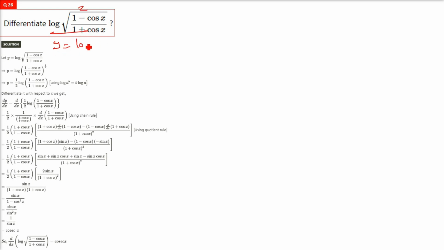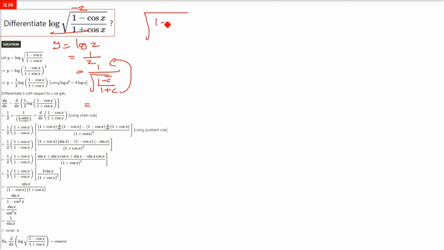So or then those who want to learn or understand, let us see y equals to log z. Log z, this whole root is the log z. So it will be 1 by under root of 1 minus cos theta by 1 plus cos theta. So 1 plus cos theta under root will go up, and under root of 1 minus cos theta will be in the denominator.